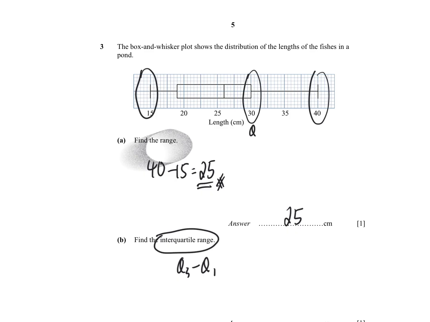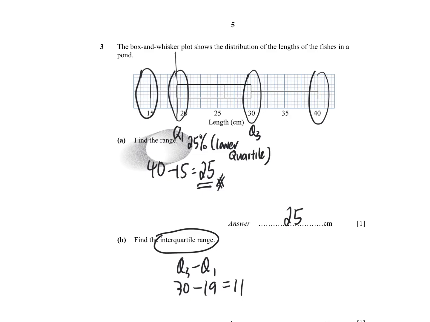So this is Q3, this is Q1. So it's 30 minus 19. What is Q1? It's the 25th percentile, the lower quartile. Q2 is the median, the 50th percentile.